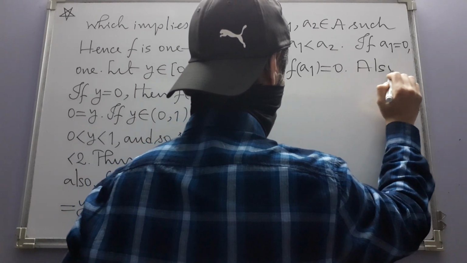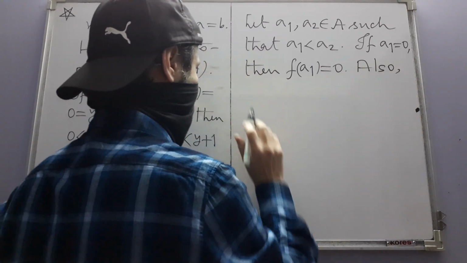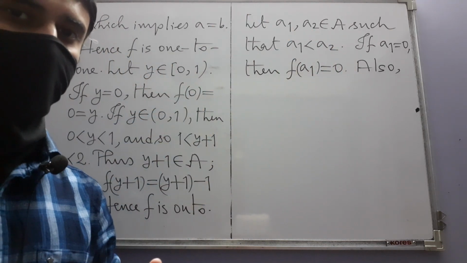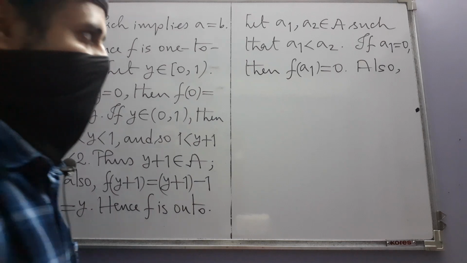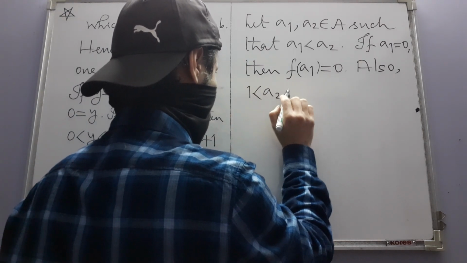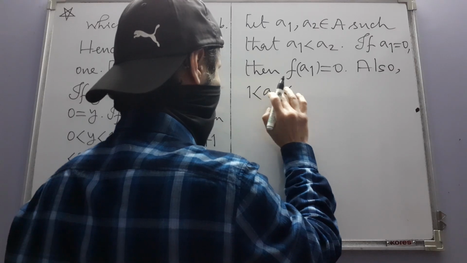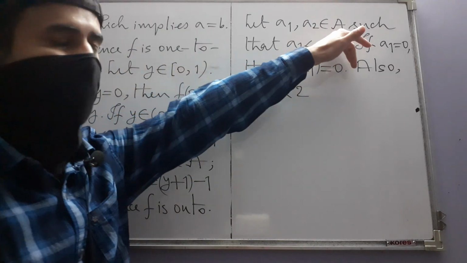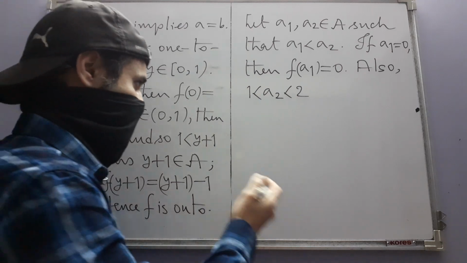Now see, A2 simultaneously cannot be 0 because A2 is greater than A1. So A2 lies between 1 and 2. That's the other part of the set A. A2 has to lie there.